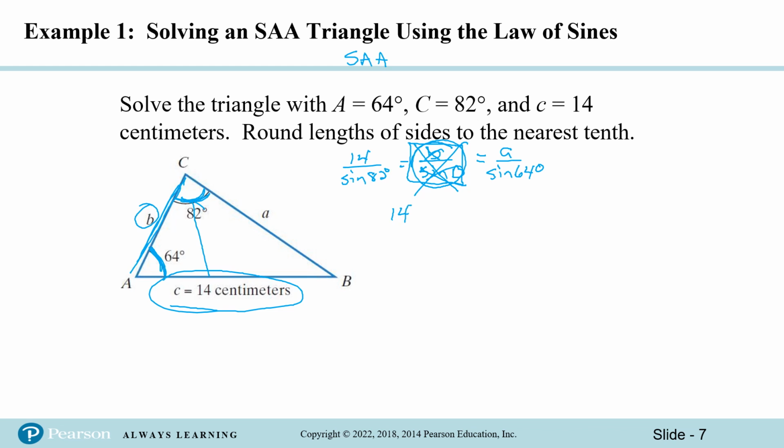So 14 over the sine of 82 degrees is equal to A over the sine of 64 degrees. You cross multiply, so A sine 82 is equal to 14 sine 64, and we divide by the sine of 82.